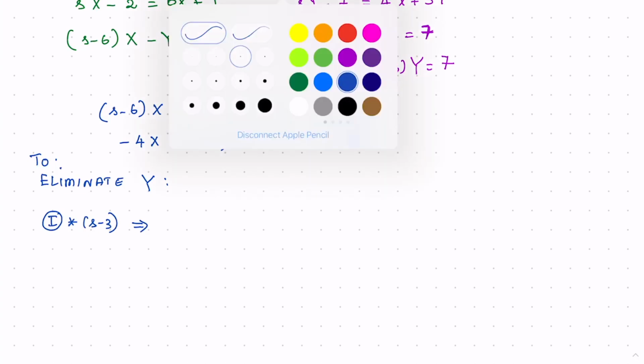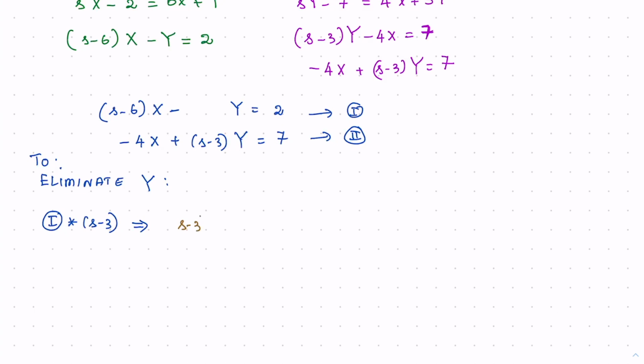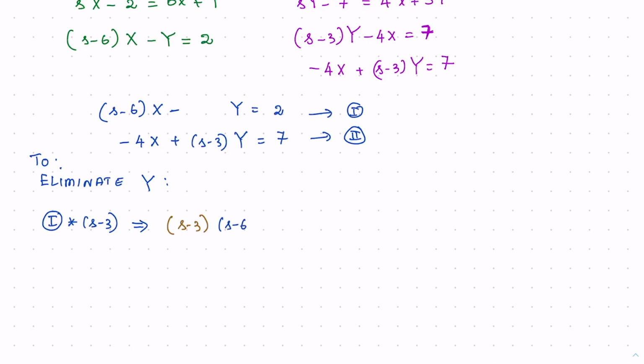I'm going to have s minus 3 multiplied by s minus 6 cap X minus cap Y with the s minus 3, and then is equal to 2 times s minus 3, right?